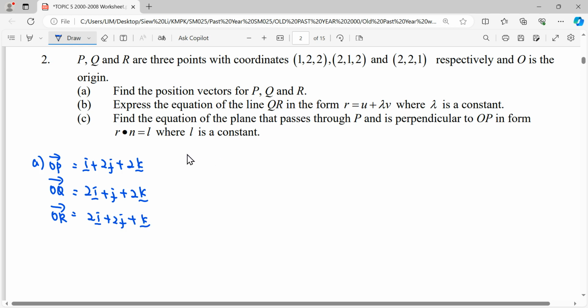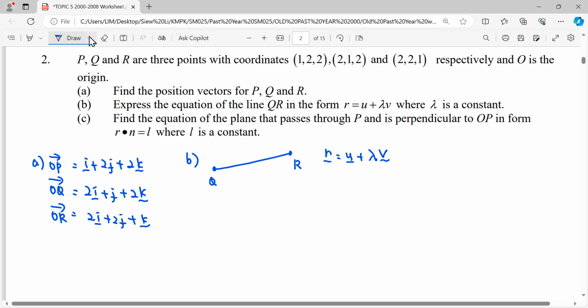Then for question B, express the equation of the line QR. So we're having a line from Q to R in the vector form r equals to u plus lambda v, where lambda is a constant.